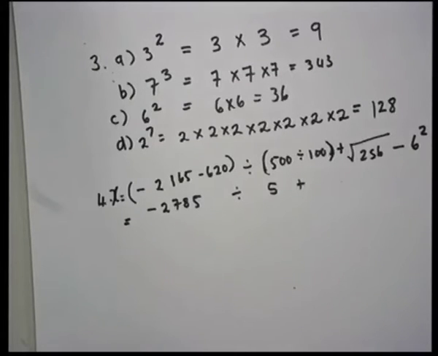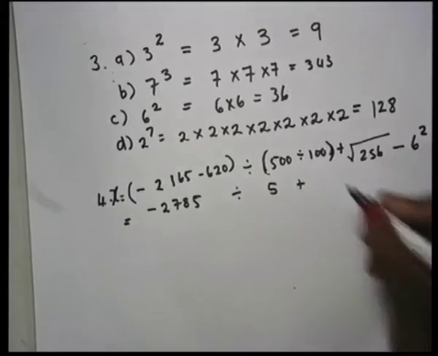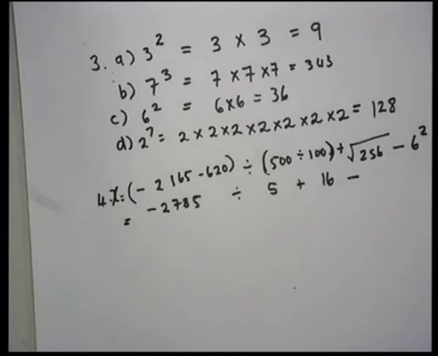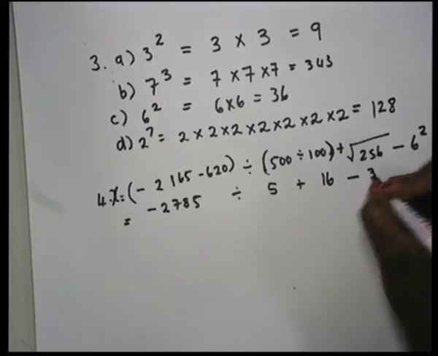Now, the square root of 256 is 16. You can also use your calculator to calculate the square root of something. Minus 6 to the power of 2, which is 36.